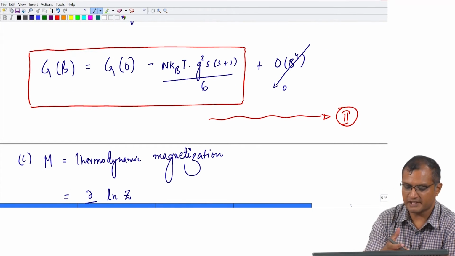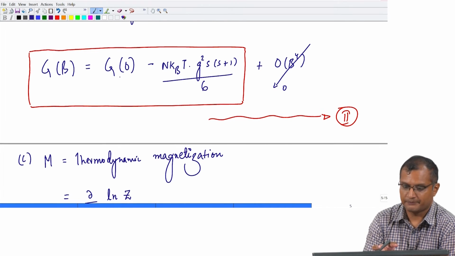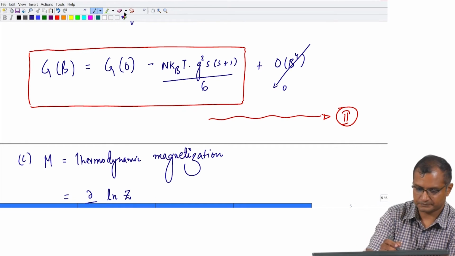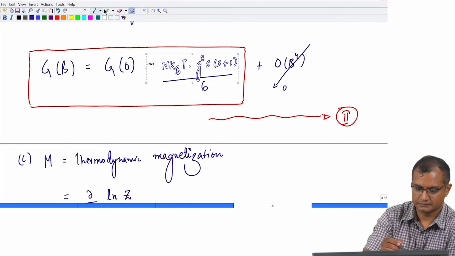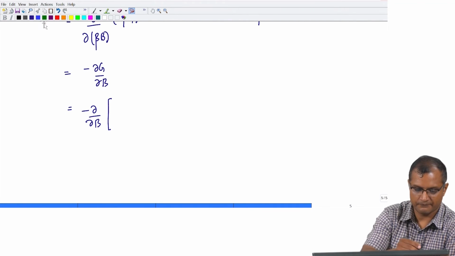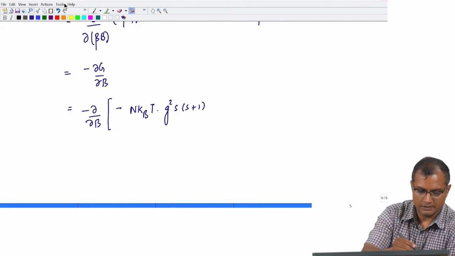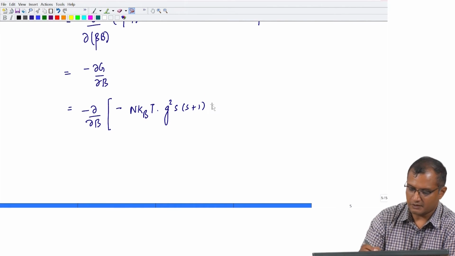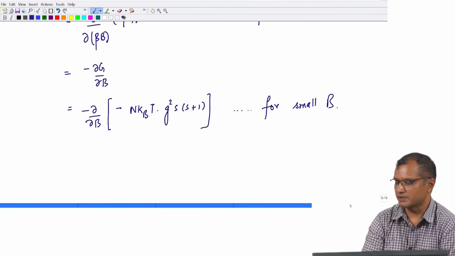I can just substitute, say the leading term has no dependence on the magnetic field. The dependence comes only from G square. So, I will substitute that here for G, and remind all of you that we can only use this for small b, okay, as b goes to 0.